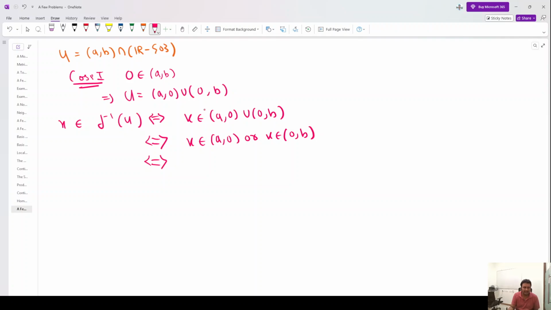Something is wrong: that should be f inverse.